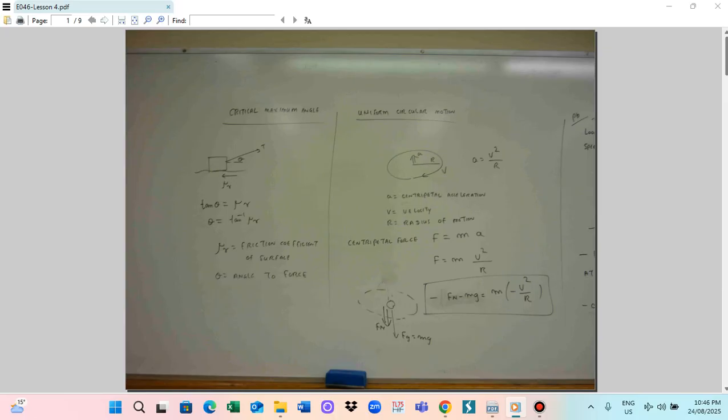Uniform circular motion is when an object is moving with the velocity v at the radius r. In this case, we call the acceleration the centripetal acceleration.